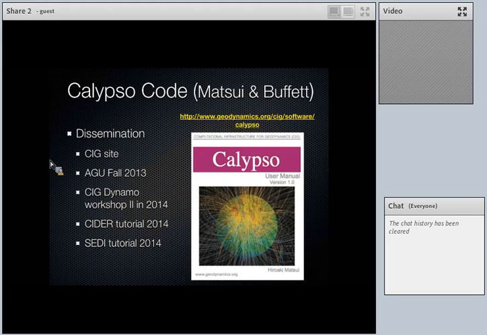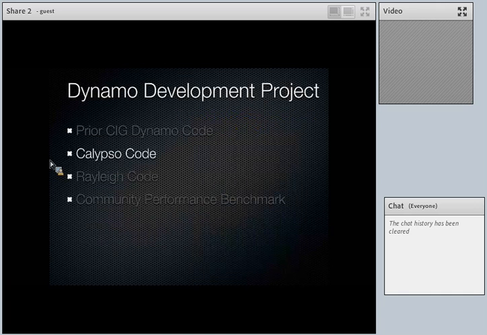At the CIDER meeting this summer at Santa Barbara, there'll be a tutorial on how to run the code. And in addition, at the ELSI meeting preceding this summer's SEDI meeting in Tokyo, there will be a tutorial at Tokyo Tech, again, on how to run this particular code. Okay, so that's the Calypso code developed under this dynamo development project.